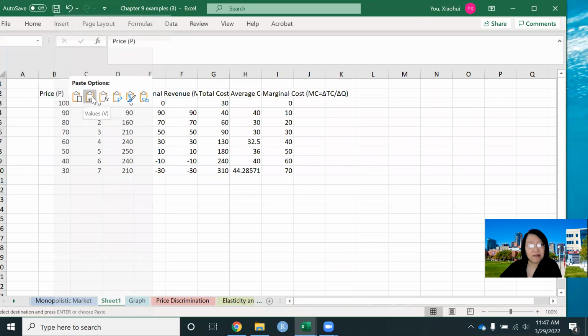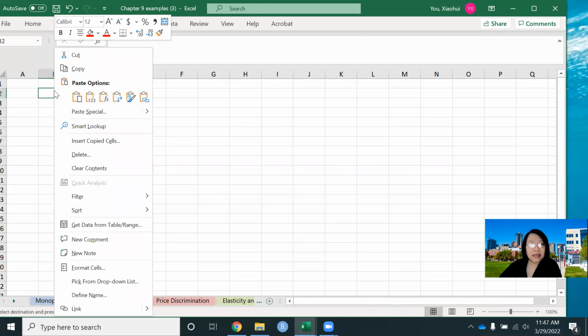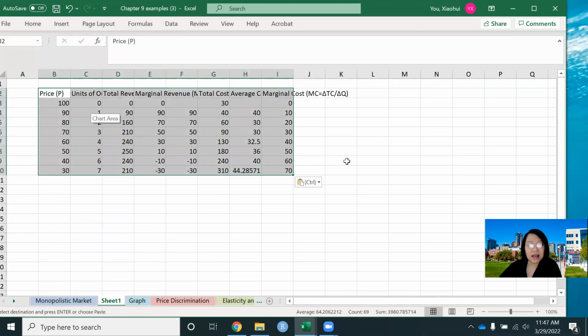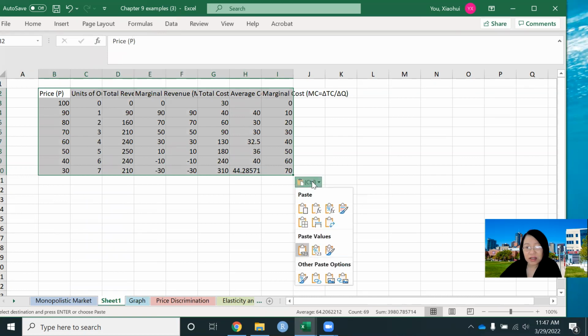If your version is different from mine, or if you're using a Mac, paste first, and then change the option to the 1, 2, 3, value only.